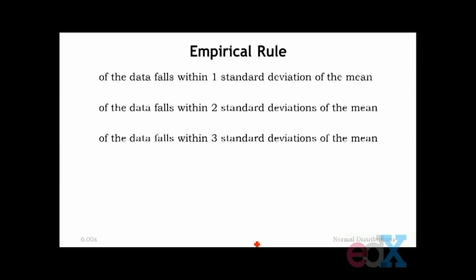For example, approximately 68% of the data, and I say approximately, falls within one standard deviation of the mean, again, for a normal distribution. Roughly 95% of the data falls within two standard deviations of the mean, and almost all, roughly 99.7% of the data, will fall within three standard deviations of the mean.